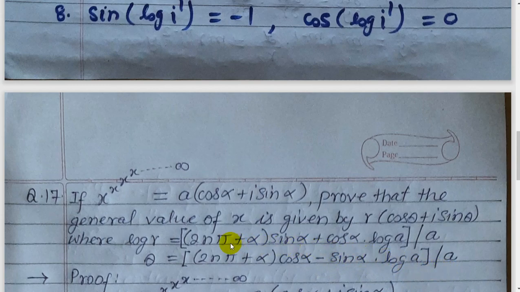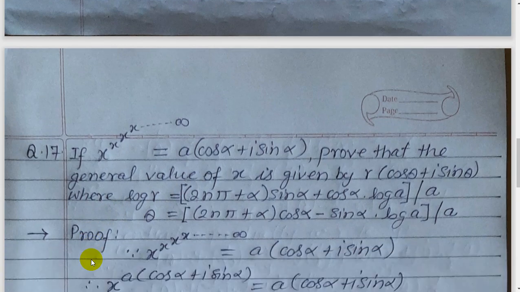So there are two values, log of r and theta, where it is given that x to the power x to the power x to the power x and so on up to infinity equals a multiplied by cos of alpha plus I sin alpha.